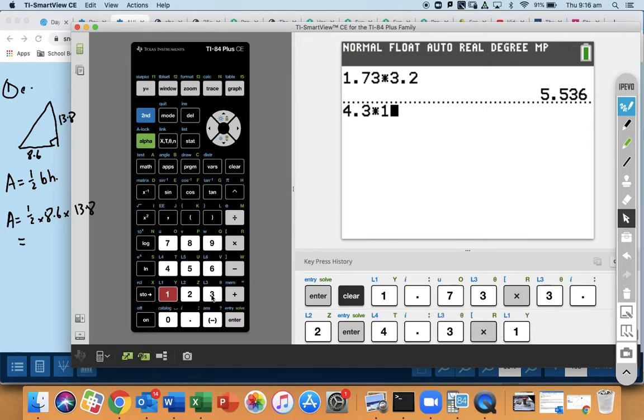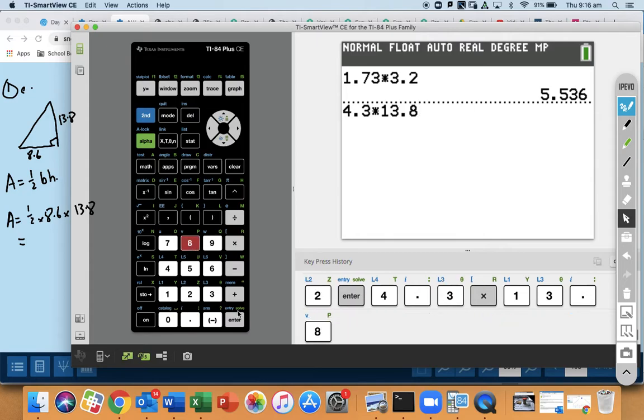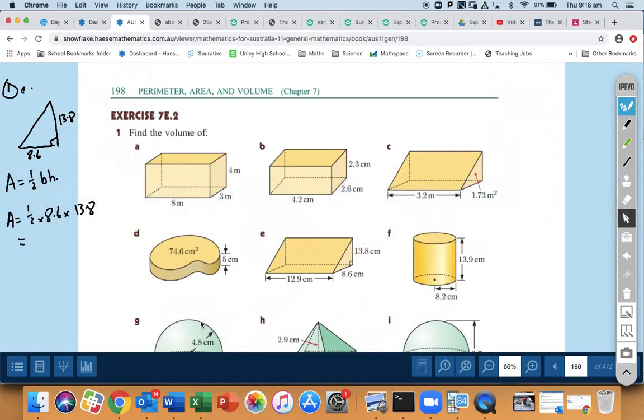Which is 59.34. Try and remember that, 59.34 centimeters squared, so that's the area of the triangle.